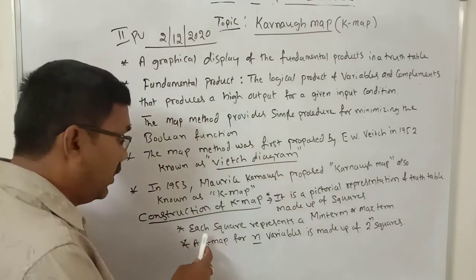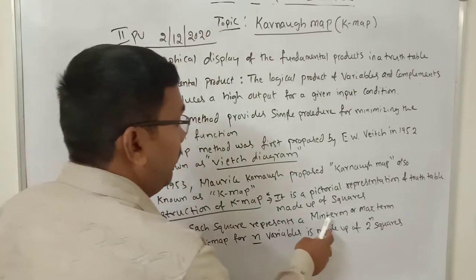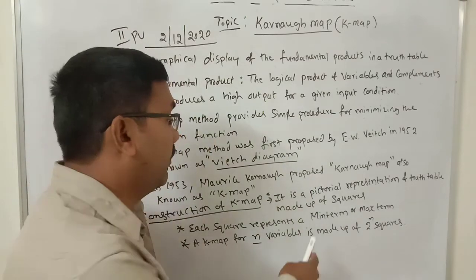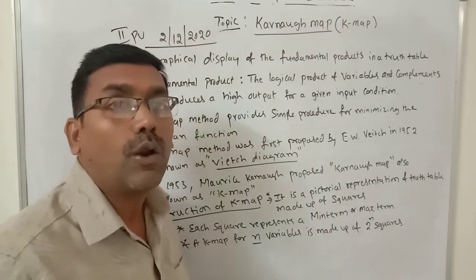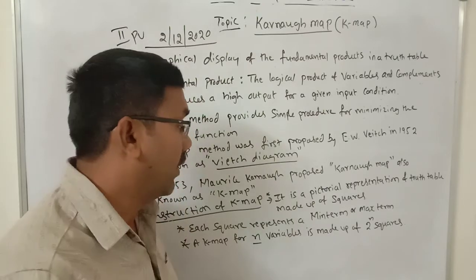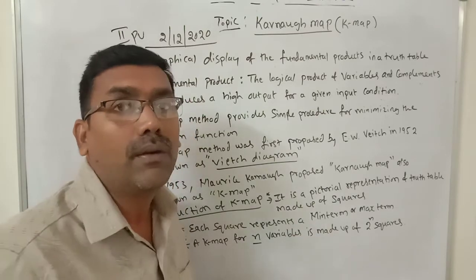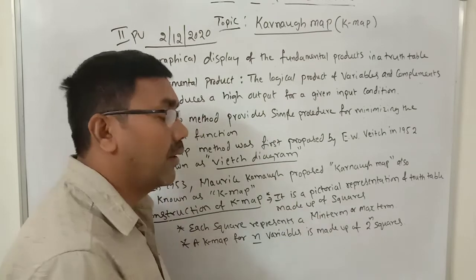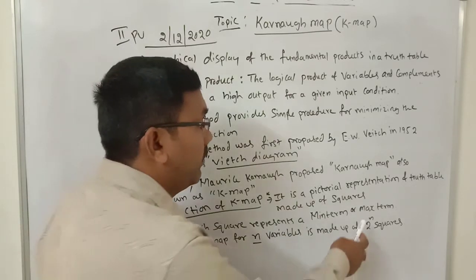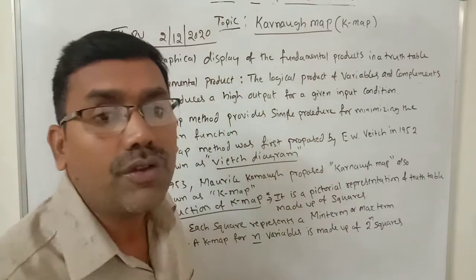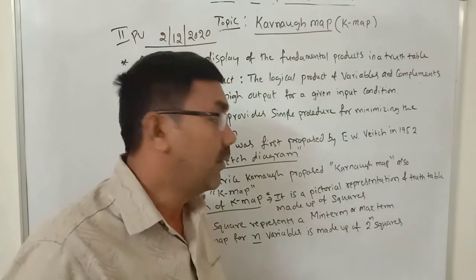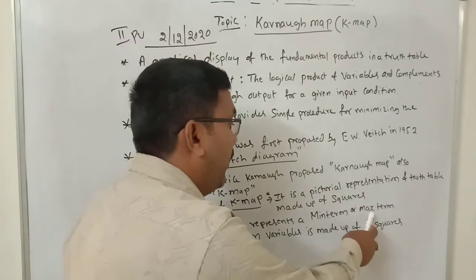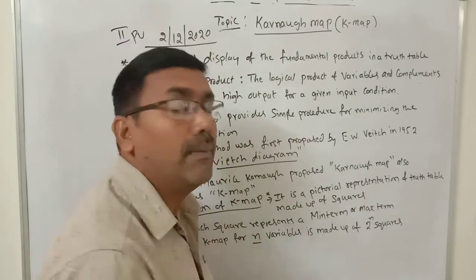Each square represents a min term or max term. What is a min term? A logical product of variables, and it produces a high output. Max term is a logical sum of variables. It produces a zero output. 0 ಔಟ್ಪುಟ್ ಇದ್ರೆ ಮ್ಯಾಕ್ಸ್ ಟರ್ಮು, 1 ಔಟ್ಪುಟ್ ಇದ್ರೆ ಮೀನ್ ಟರ್ಮ್.